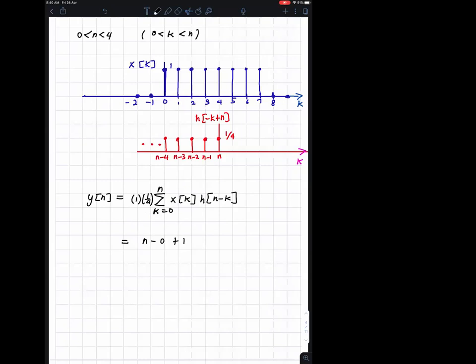The amplitude of h[k] is 1, but the amplitude of h[n minus k] is 1/4. So it's going to be 1/4 multiplied by upper limit minus lower limit plus 1.